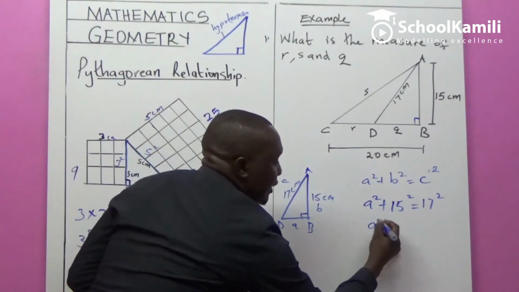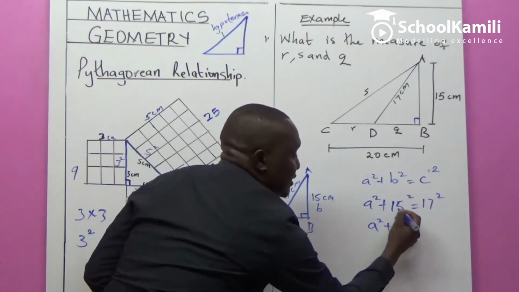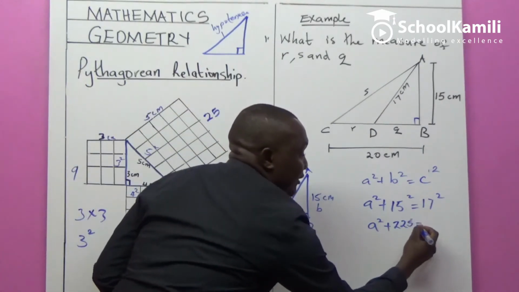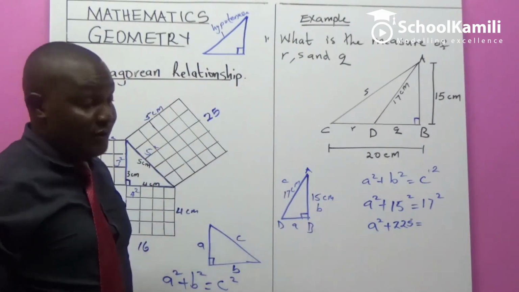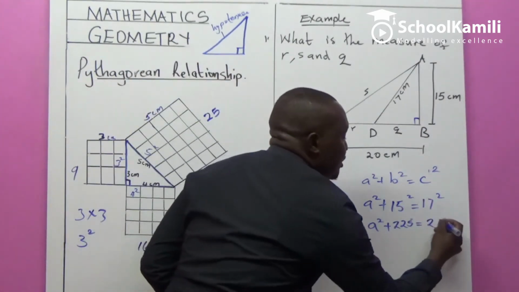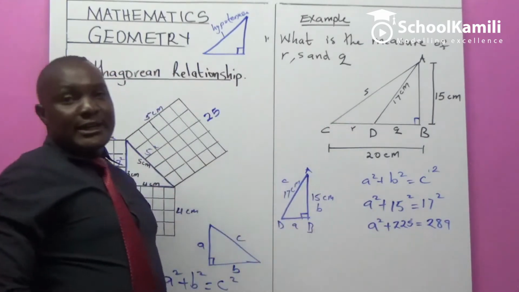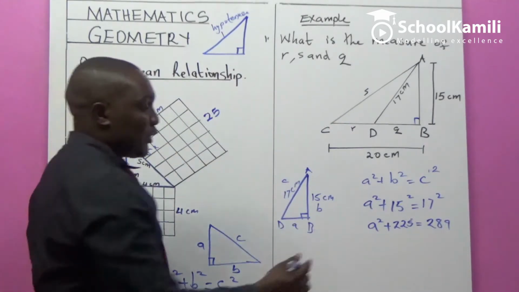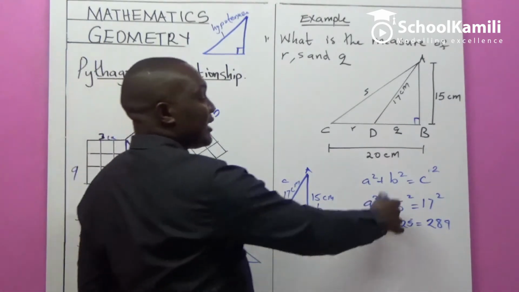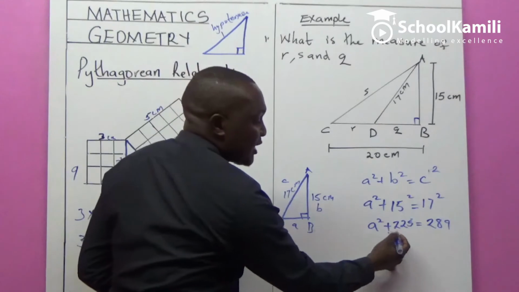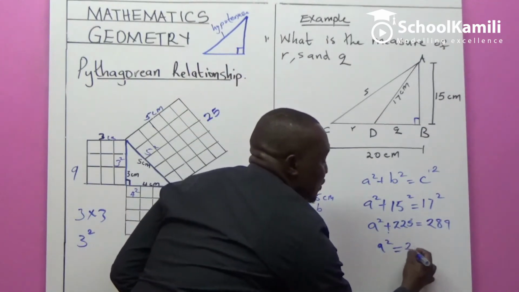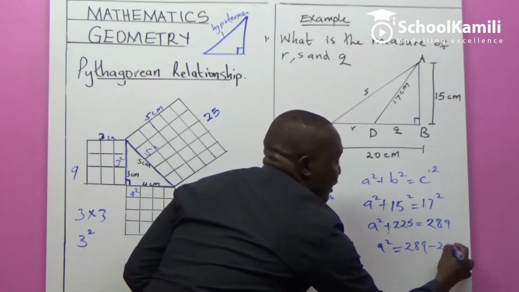A squared plus 15 squared will give me 225. Confirm. 15 times 15, 225, will be equal to 17 squared, which will give me 289. Hope you know that. So how do you remain with A squared? What you'll do, you'll collect the like terms. Take this plus 225 to the other side, it becomes minus 225.